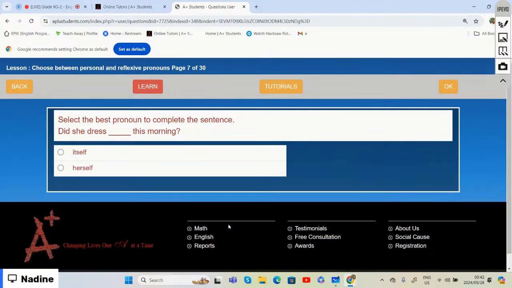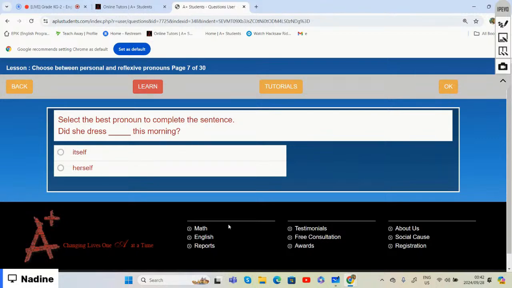Remember, the I is the subject that refers back to myself, which is the reflexive pronoun. So I do something for myself. If something refers back to itself, then it's a reflexive pronoun. If it shows that something is being done to someone else, then that is a personal pronoun.